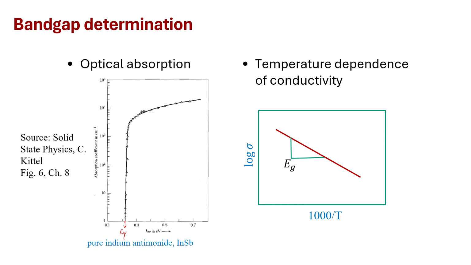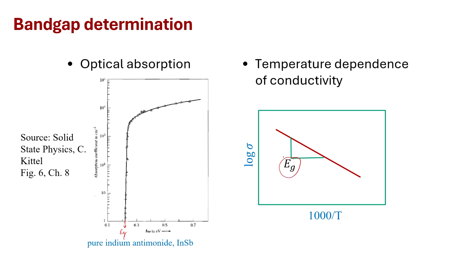The second method to determine the band gap is the temperature dependence of conductivity. If you plot the conductivity as a function of 1 over T or 1000 over T, it should show an Arrhenius-like behavior. The plot of log of conductivity versus 1 over T should be a linear plot, and the slope of that is proportional to the band gap.